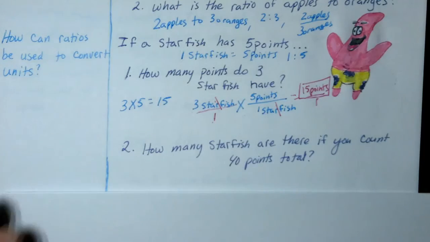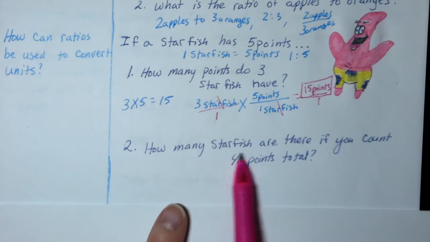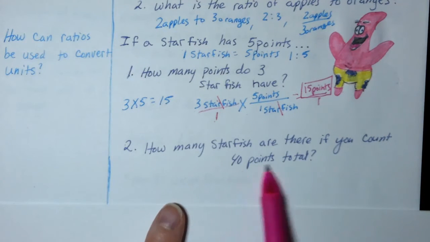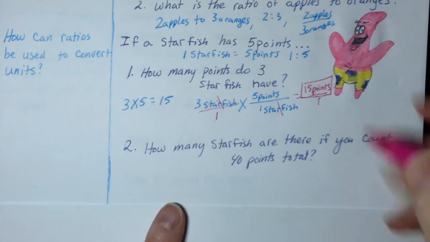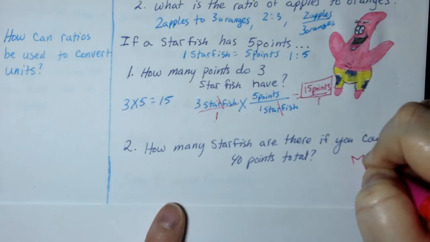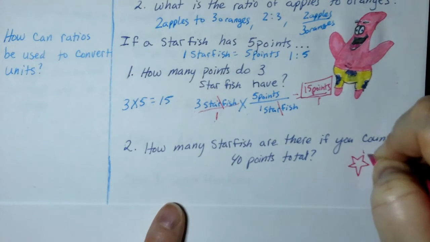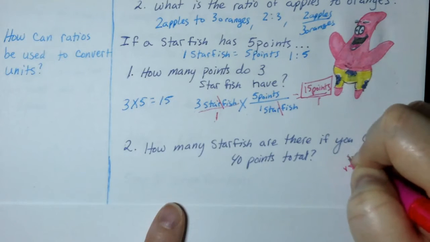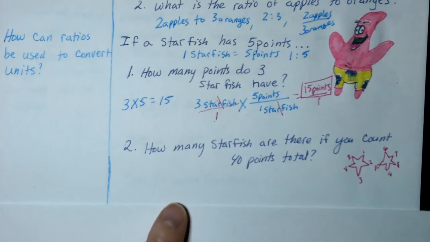Okay, so another way I could do a question like this. How many starfish are there if you count 40 points total? Okay, so I already know that there's 40 points, so, like I have all these starfish, and I get 1, 2, 3, 4, 5. Then I would have to draw another one, 6, 7, 8, 9, 10, and I could keep doing that until I reach 40.